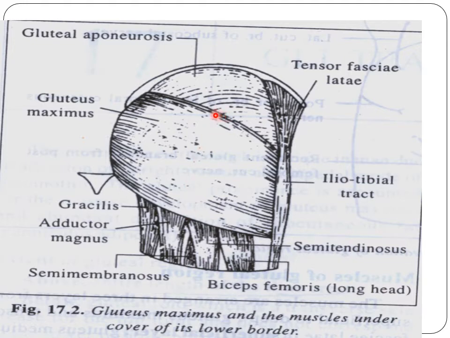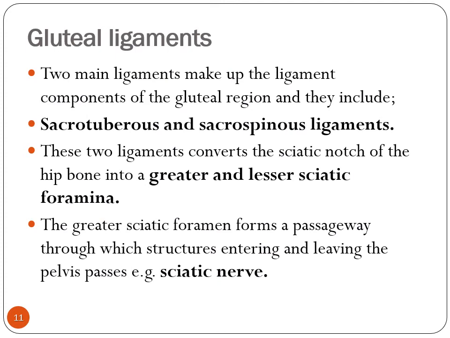In between these two borders is the extension of the gluteus maximus muscle. Between the tensor fascia lata and gluteus maximus muscle, there is the thickest sheet of deep fascia, named the gluteal aponeurosis. Here it splits and covers the tensor fascia lata. Also it splits into superficial and deep parts for the gluteus maximus. So these are the deep fascia and muscles of the gluteus maximus and the muscles under cover of the lower border of the gluteus maximus.